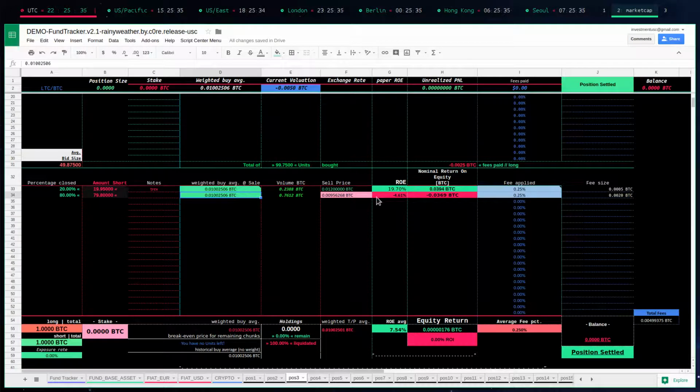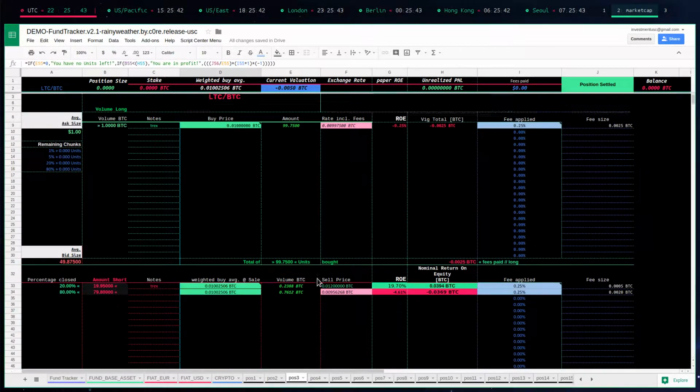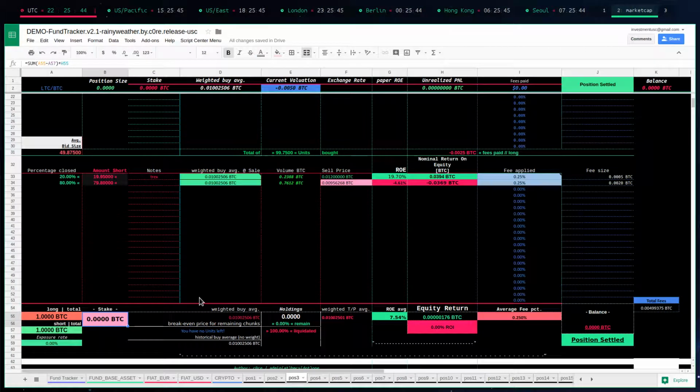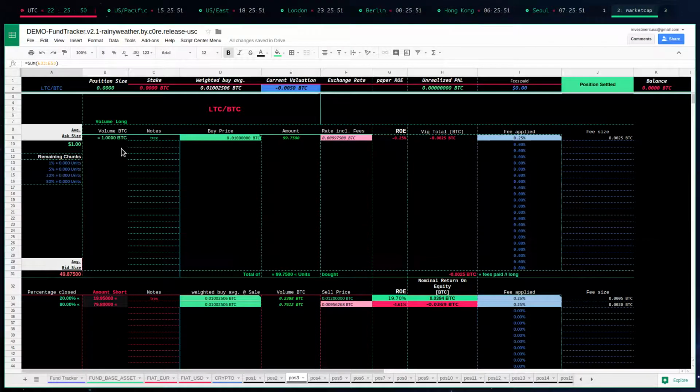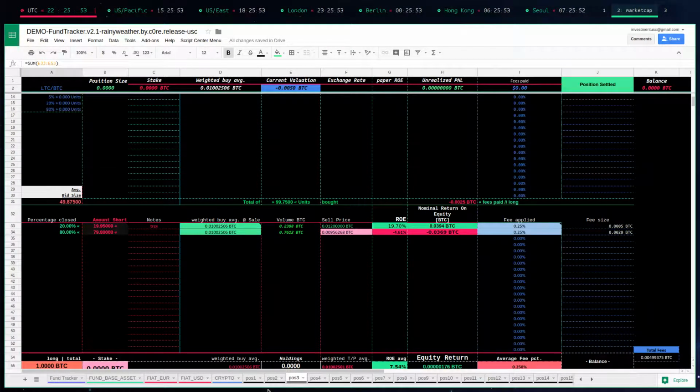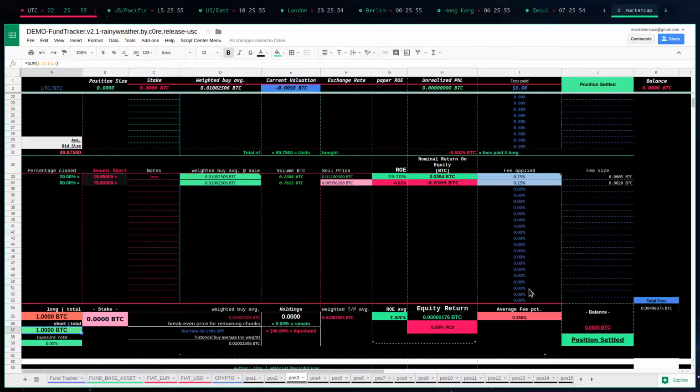With that given buy average, this field in here would amount to the price that I would need to sell to go completely even with a stake of 0 Bitcoin left, where a long of 1 Bitcoin and a short of 1 Bitcoin has happened. This was exposed here, and this is the total of 1 Bitcoin there.